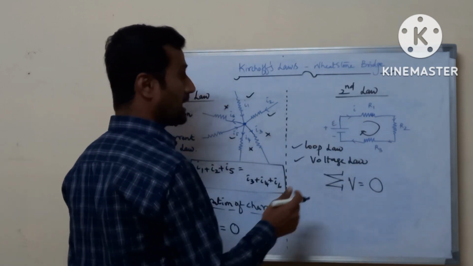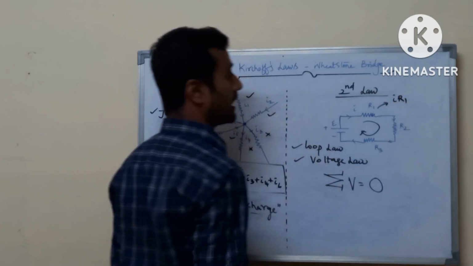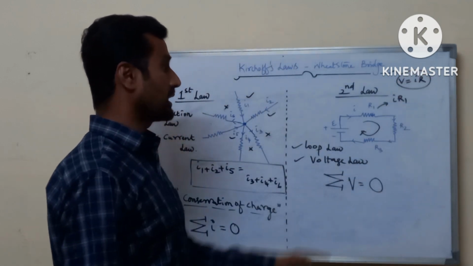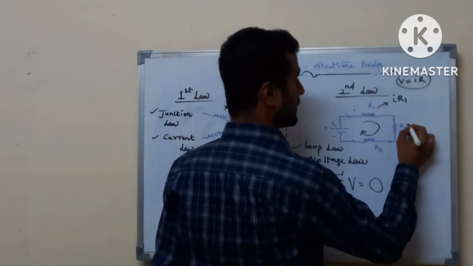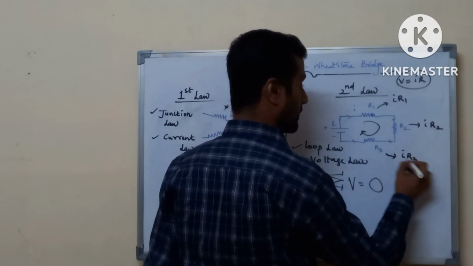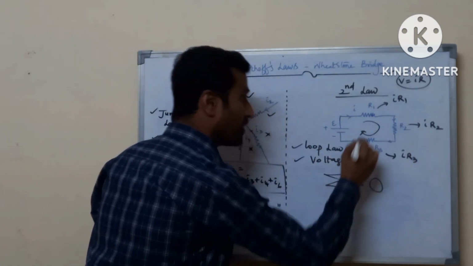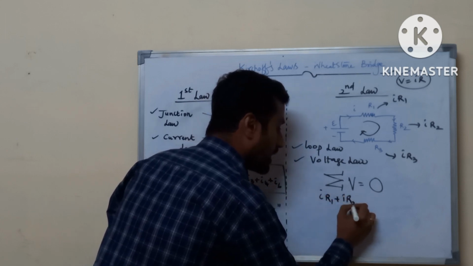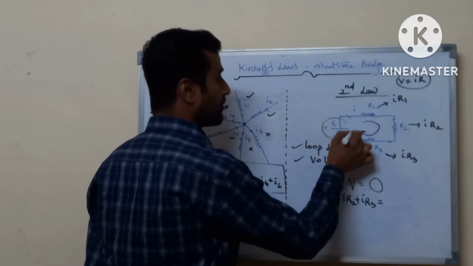Here let us calculate the potential drop. IR1, because V is equal to IR from Ohm's law, so we can calculate the potential drop at the resistor R1 as IR1. Here the potential drop is IR2 and here the potential drop is IR3. The sum of potential drops across the resistors, IR1 plus IR2 plus IR3, is equal to the EMF of the source.